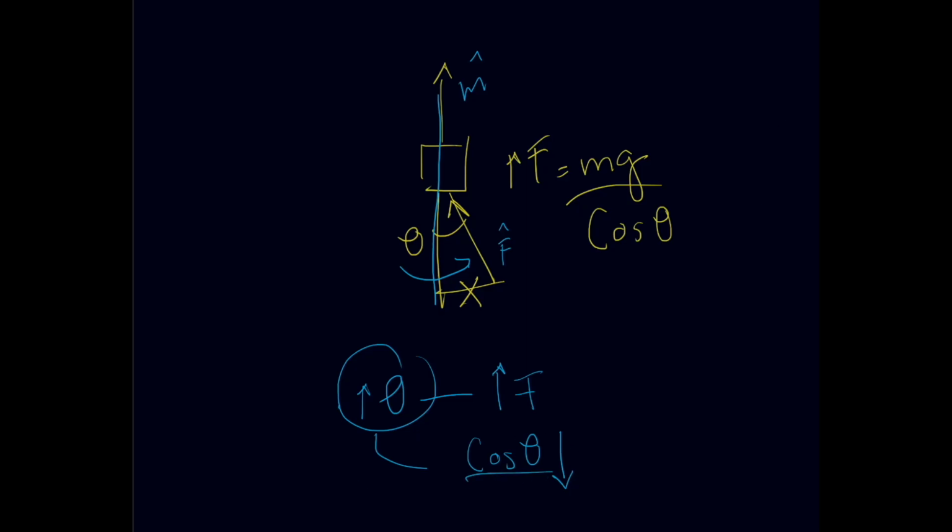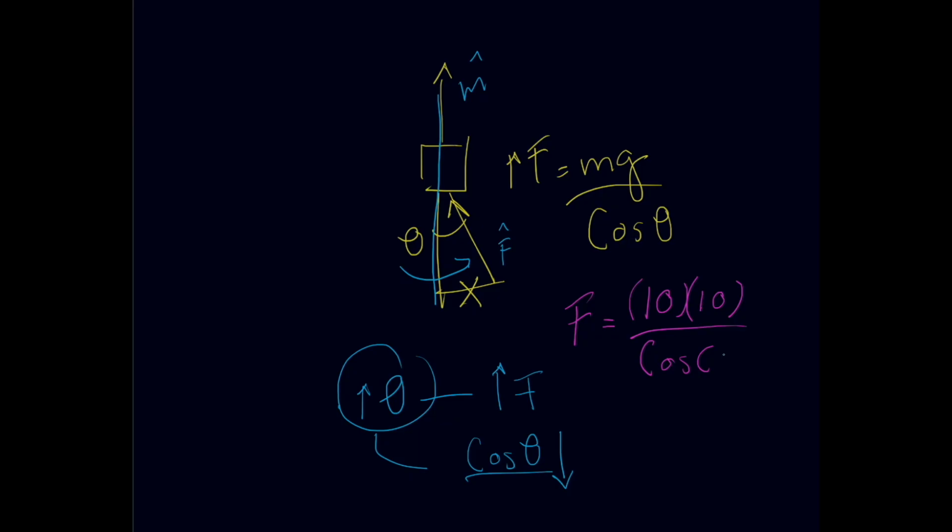So if we visit this formula and plug in some values, let's say the box is 10 kilograms, and let's round gravity up to 10. In a perfect world where we have cosine of 0, we are dividing 100 by 1, which is just 100 newtons. So this would take 100 newtons of force.